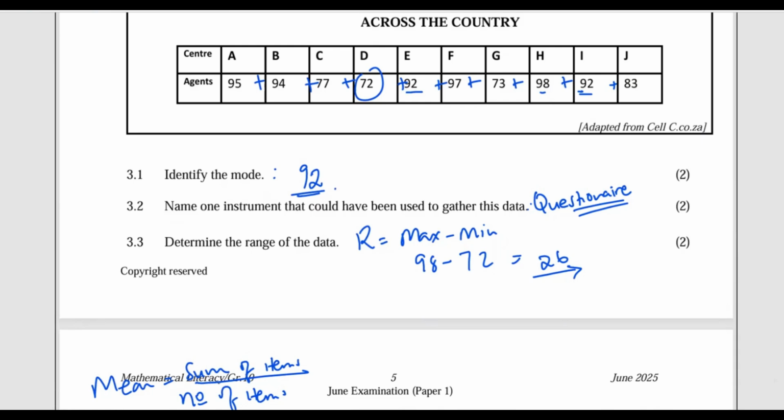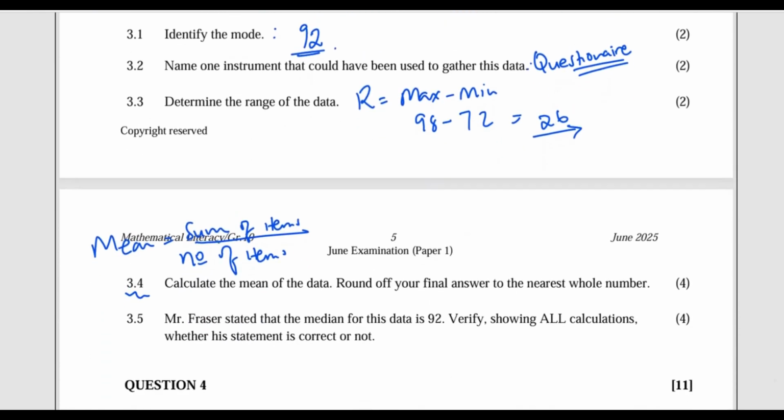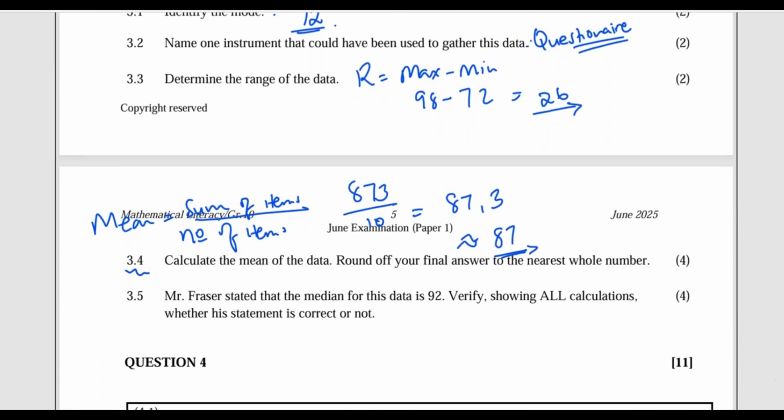That gives me 873. Okay, meaning that our sum is going to be 873. We divide it by 10. Our answer must be 87.3. It told us to round off the answer to the nearest whole number, meaning that our answer should be roughly 87.